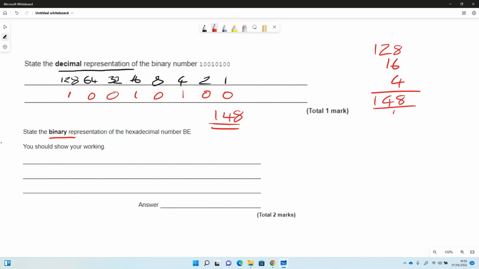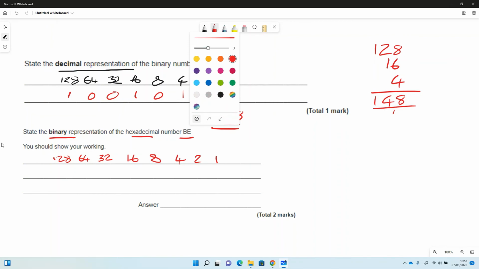So state the binary representation of the hex number BE. So this time we're going from hex into binary. So again, let's put our numbers down. 1, 2, 4, 8, 16, 32, 64, and 128.